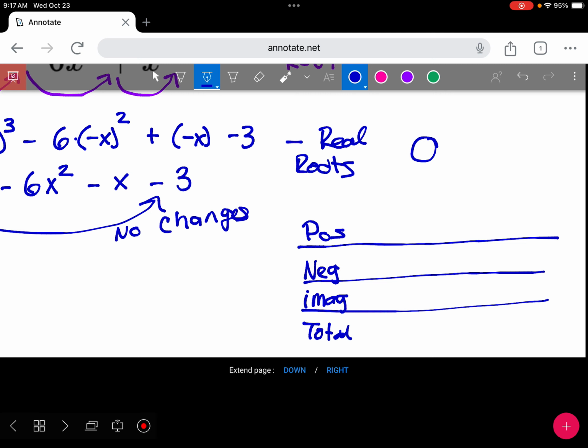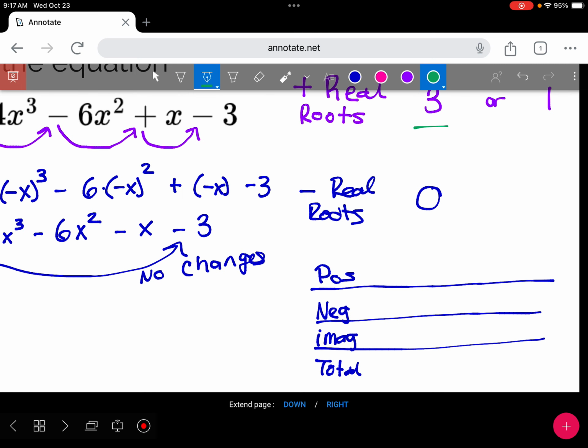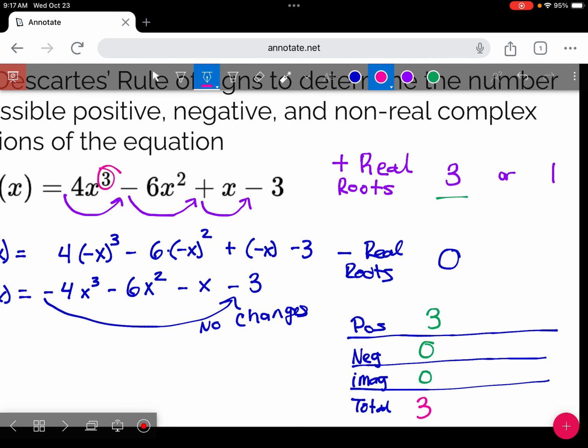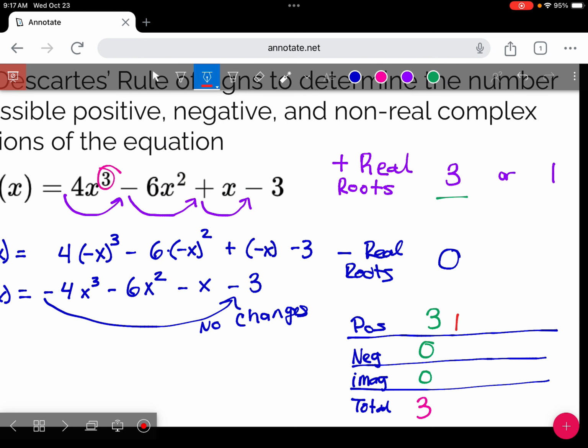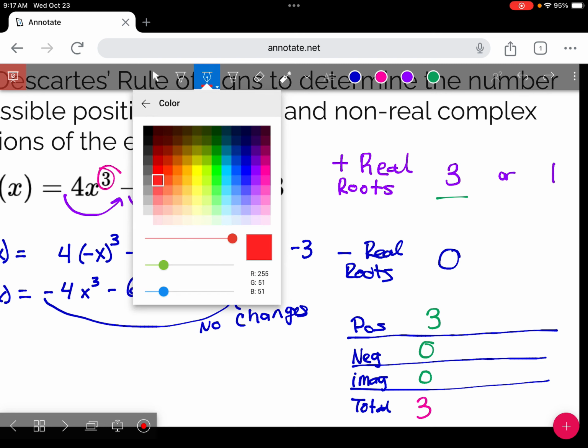So if I have 3 real roots and 0 negative roots, how many imaginary roots is it going to have to get to the total we need? 0, because we should have a total of 3, because that's our degree. Ooh, that is not the color I meant. I meant to grab a gray, not a fluorescent orange.